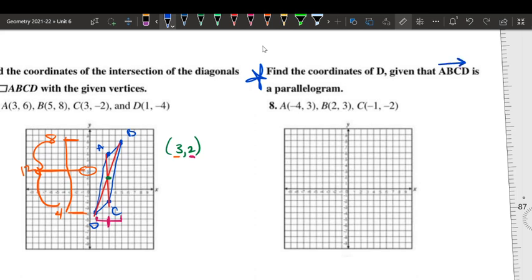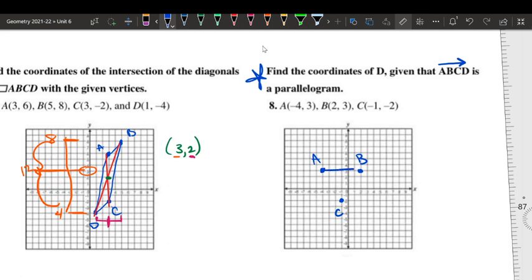The order that you read those letters in is very important, because you can plot the other three: -4 and 3, and that's A. 2, 3 is B. C is at -1, -2, and you have to find D.